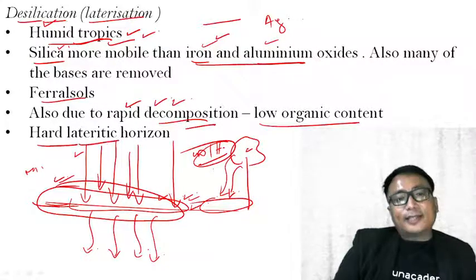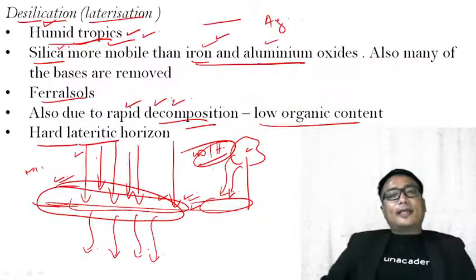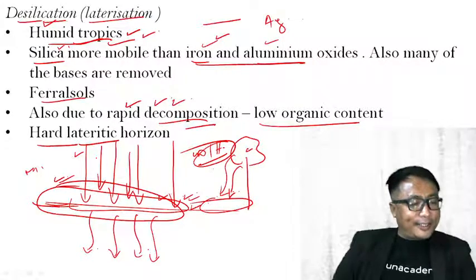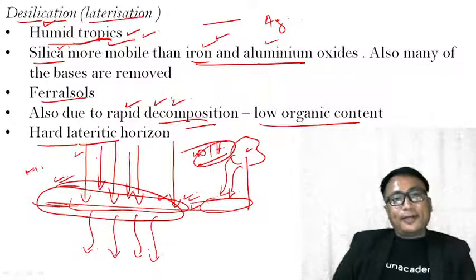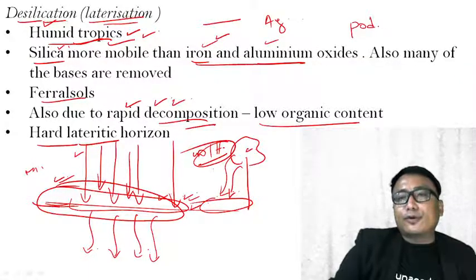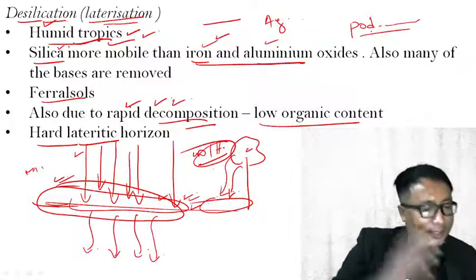That's why the term laterite is nothing but building material or brick, from the Latin word for brick. So you can contrast this process of desilication and lateralization with podzolization or cheluviation, which we have seen yesterday.